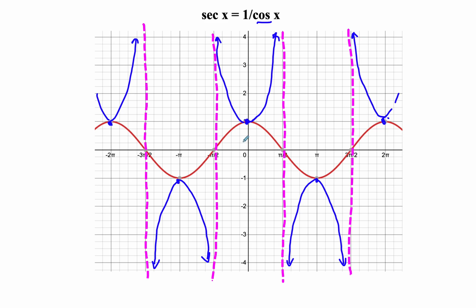So whenever you're graphing secant, usually what you end up doing is graphing cosine and then doing this off of the maxima and minima, knowing that the asymptotes are going to be at these inflection points. That's usually how that goes. Or if we're asked to write an equation for secant, what we do is we figure out what the cosine graph would be and we just do the same modifications. We'll talk about that here in a sec.